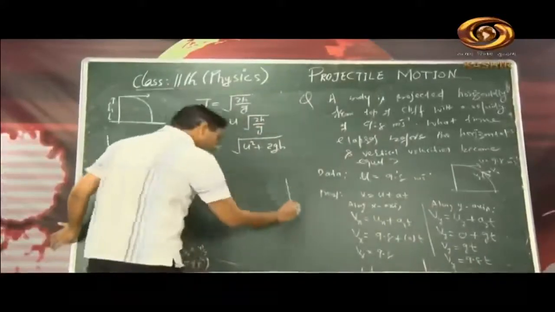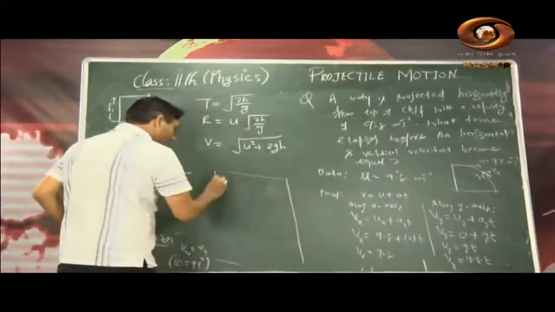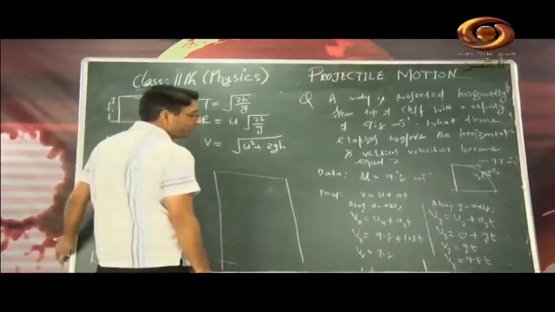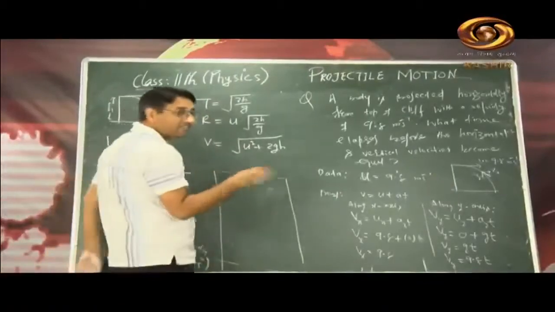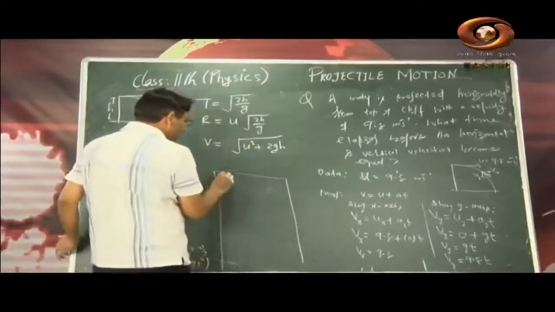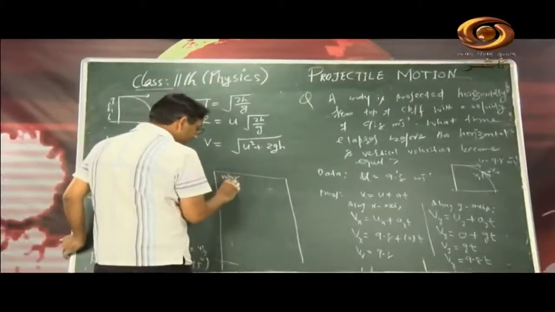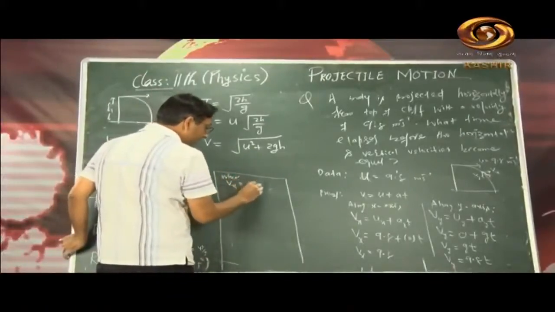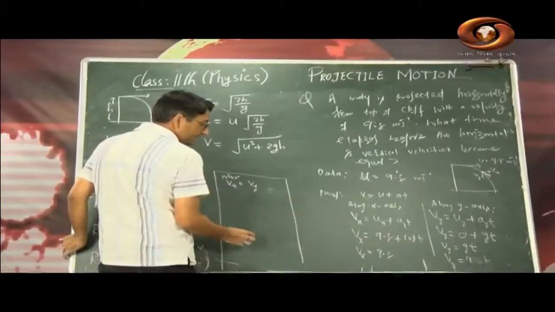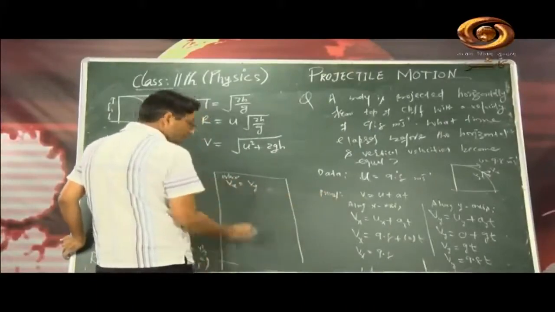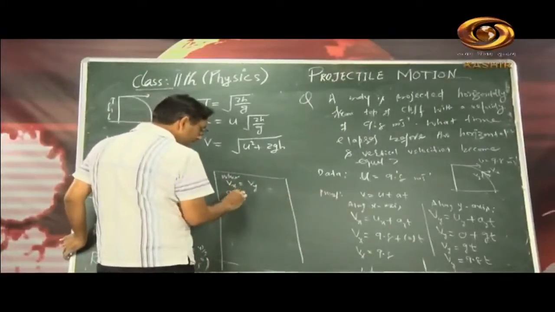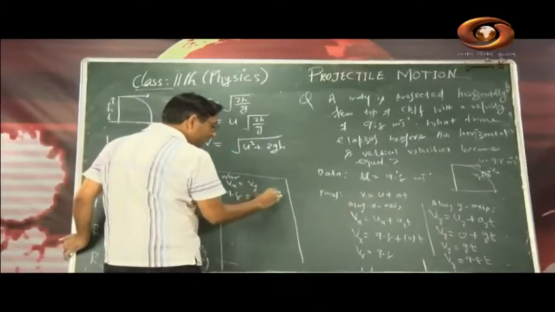We have been told to find the time at which both components Vx as well as Vy become equal. So when Vx is equal to Vy, these two equations will be equal. So 9.8 is equal to 9.8 t, using those two equations.